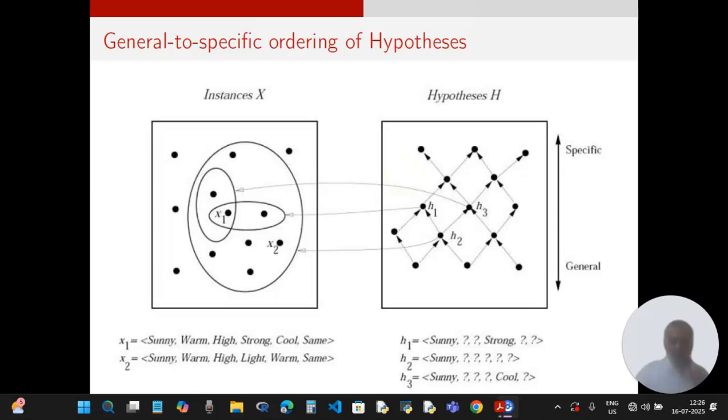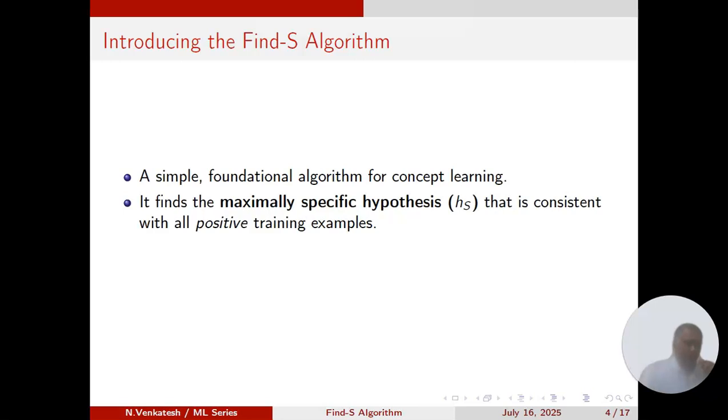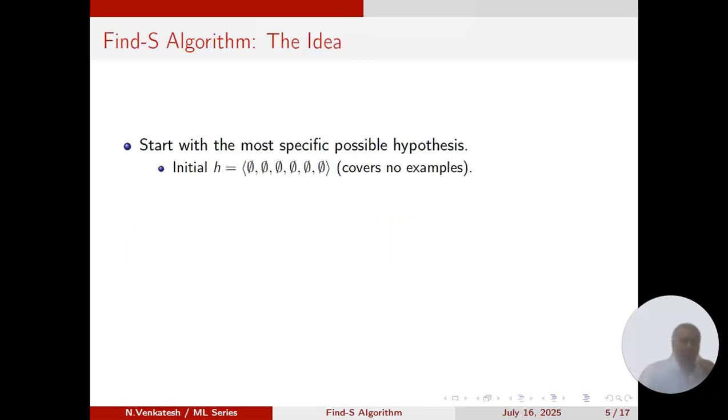Let us understand this Find-S algorithm. The key idea is it starts with the most specific hypothesis, that is all ∅, and it processes only positive examples, and for every positive example it checks whether a hypothesis covers that example or not. If it does not, it modifies the hypothesis by replacing it with a least general hypothesis that covers that example.